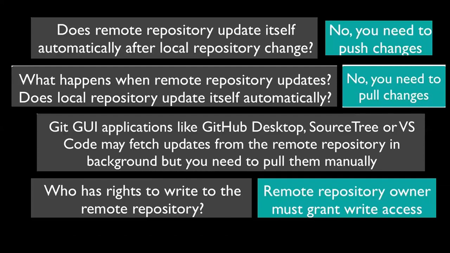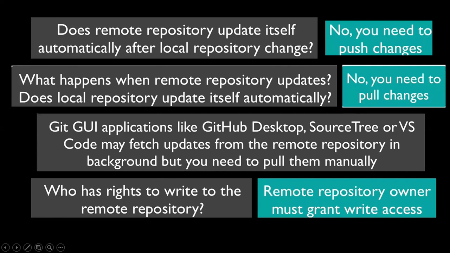So does the remote repository update itself automatically after Git repository changes? No, you need to push. So what is the need of push? Like I edited some files in my local repository, and I have also edited these files in the GitHub portion, like in the virtual remote repository. Then I push these changes to the main branch. What is the owner of your GitHub account?